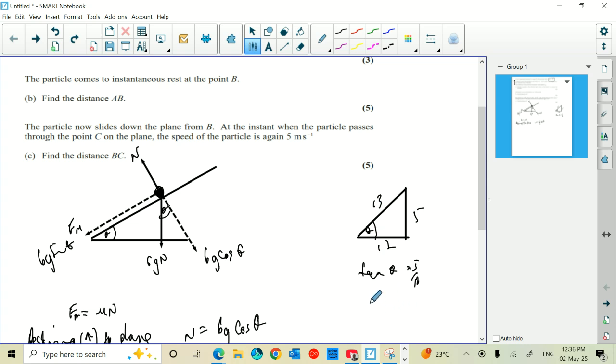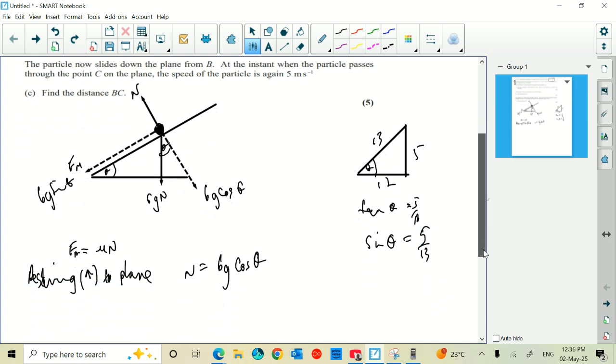So sine theta is equal to, sorry, 5/13, not 12/13, I apologize. Opposite over hypotenuse, so sine theta is equal to 5/13.